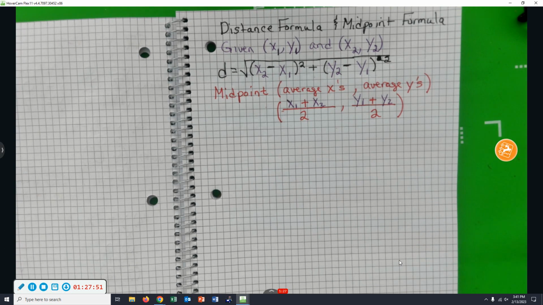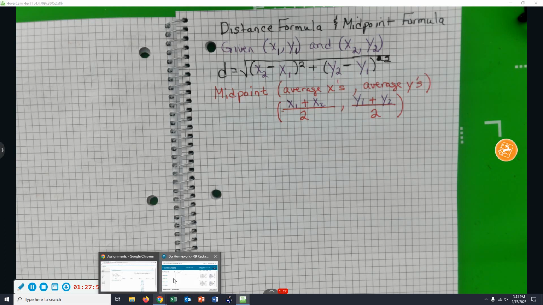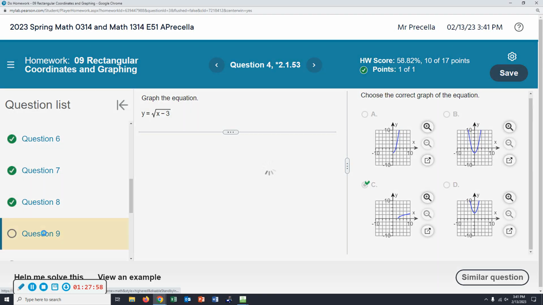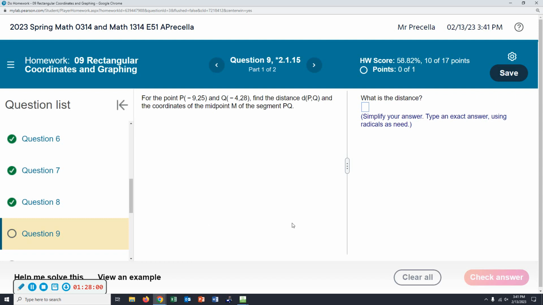Let's do this with some numbers to see if it makes any more sense. Number 9. We're given 2 ordered pairs. The point P is -9, 25.